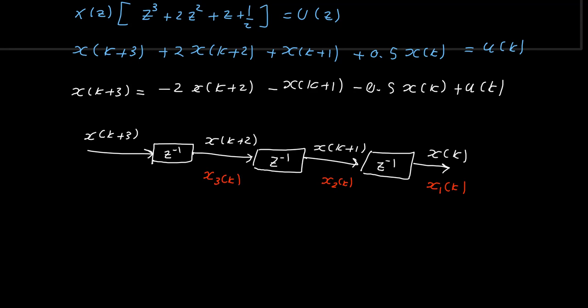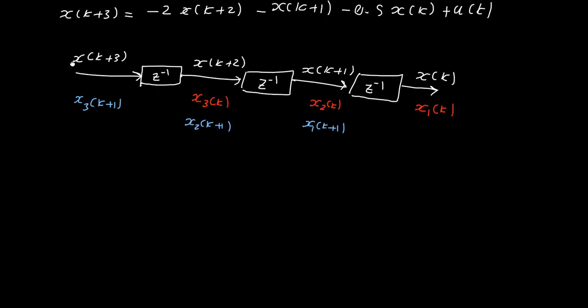So simply here x2 of k is actually x1 of k plus 1, and this one will equal x2 of k plus 1, and this will be the x3 of k plus 1. So now we are at a stage to write the state variable model.